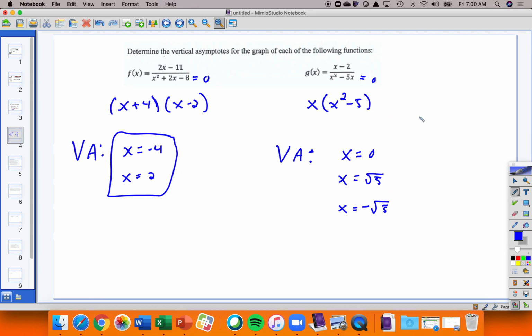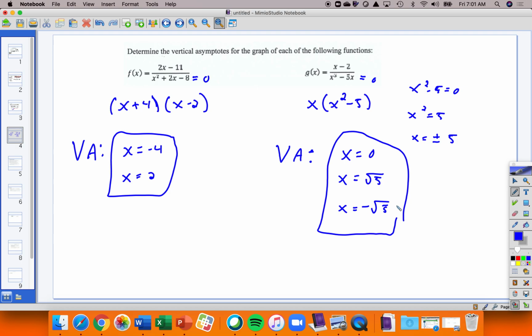Because don't forget, when I do x squared minus 5 is equal to 0, I get x squared equals 5. I get x equals plus or minus the square root of 5. Every time you take a square root, you need to do plus or minus. So I have 3 vertical asymptotes in this function here.